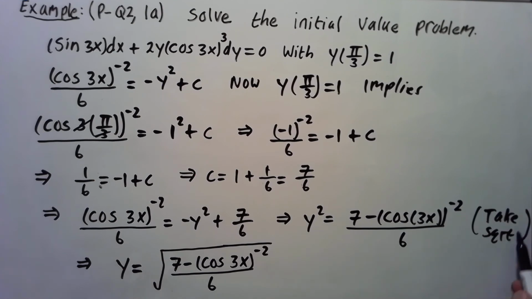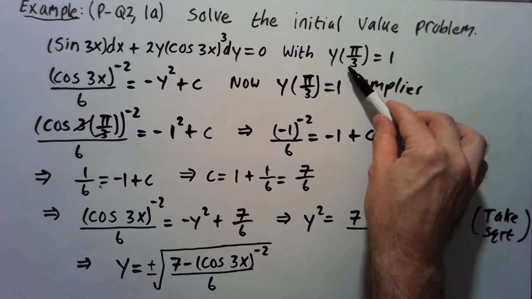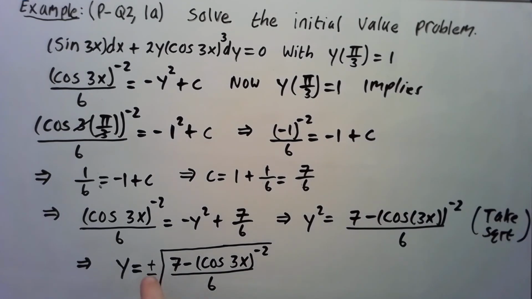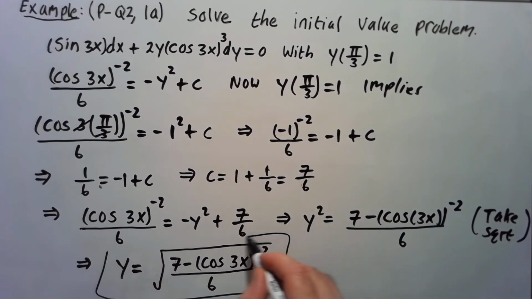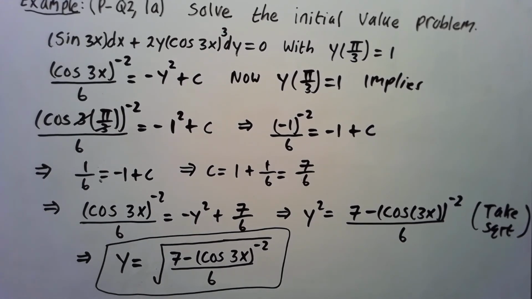When you take the square root, there's a plus and minus in front. But our initial condition is that y of pi over 3 is 1, so therefore you'd have to take the plus. So it would just be this. So this is our answer right here, solved for y. Okay, so we're done with the question. Let's leave the video there.